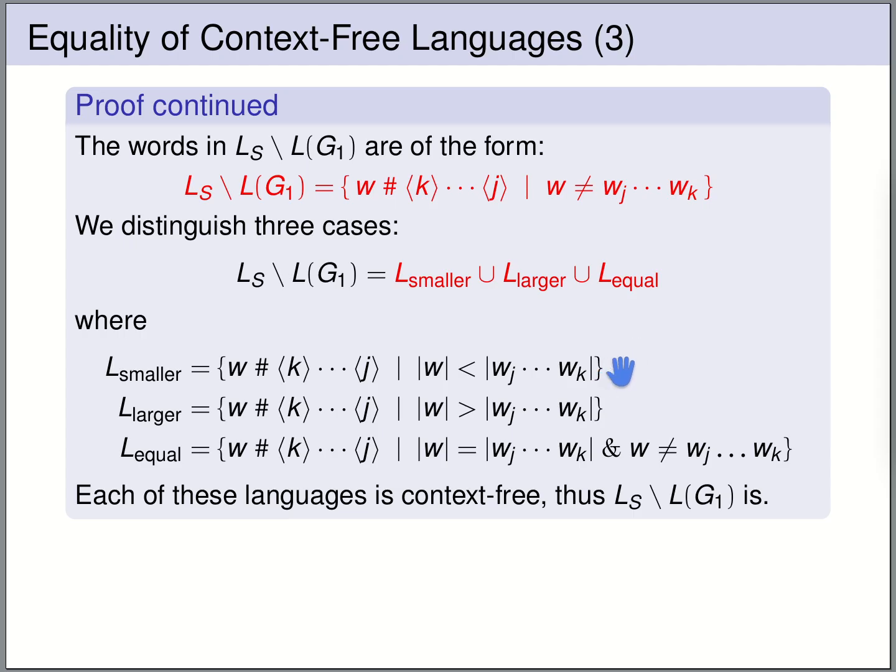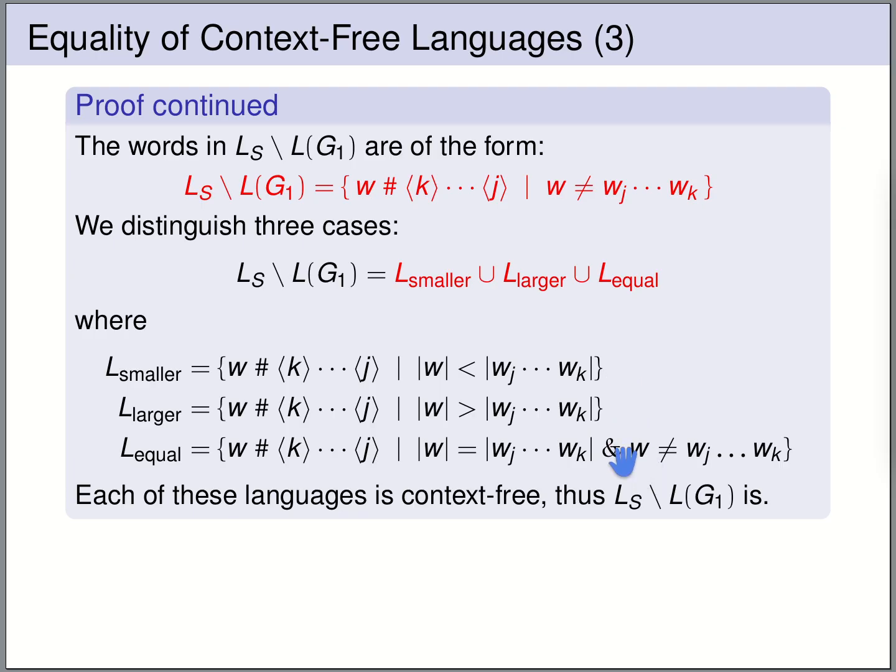The second language, L larger, is the language of all those words where the length of the word w is larger than the length of the concatenation of wj to wk. And finally, the language L equal is the language of all those words where the length of w is equal to the length of the concatenation, but they are nevertheless not the same.